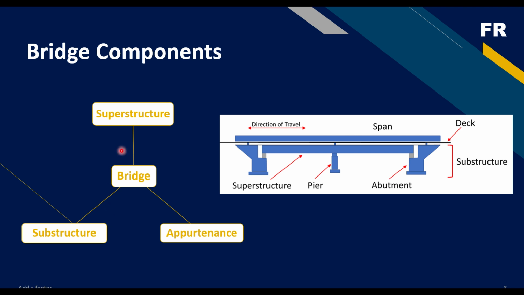Then we have the substructure, and lastly we have the appurtenance. The main structural parts are the substructure and the superstructure. The appurtenance is not actually a structural component of a bridge, but it is also important for the functionality of the bridge. So let us look at these components one after the other. We explain each and then give various examples.